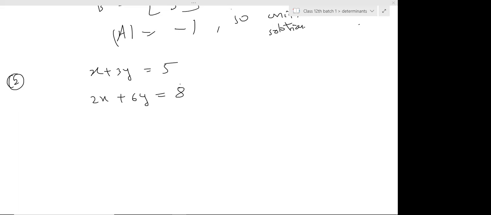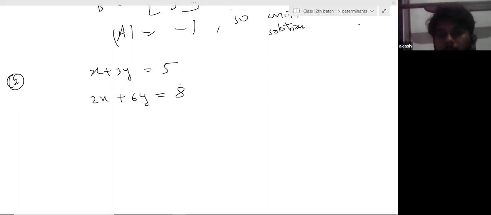It is 0. So when the determinant of A is 0, what do we try to find? Not consistent or inconsistent.